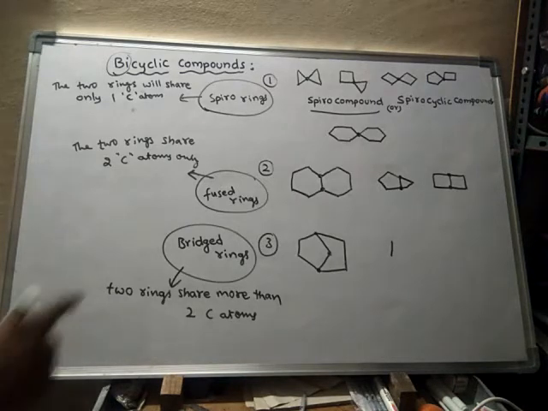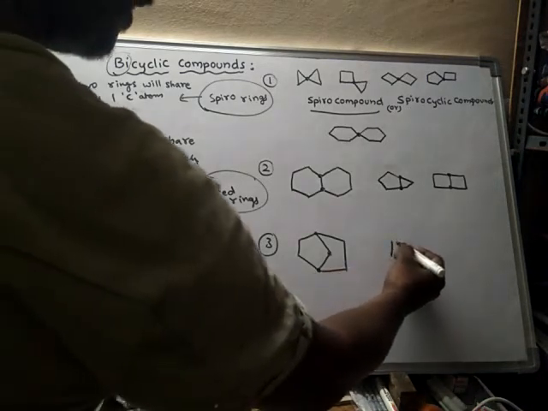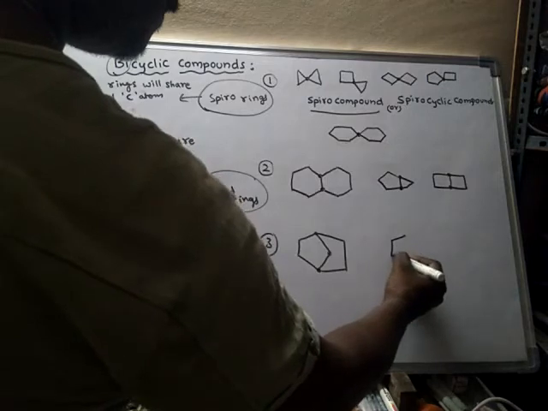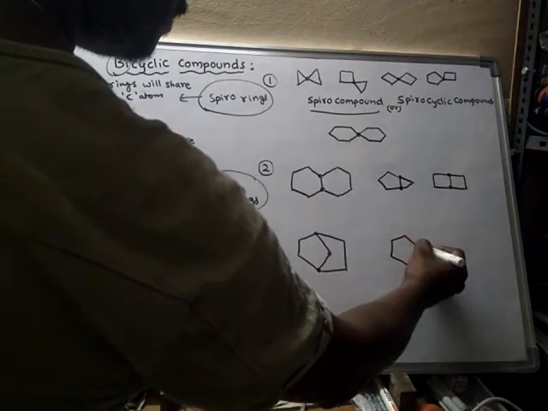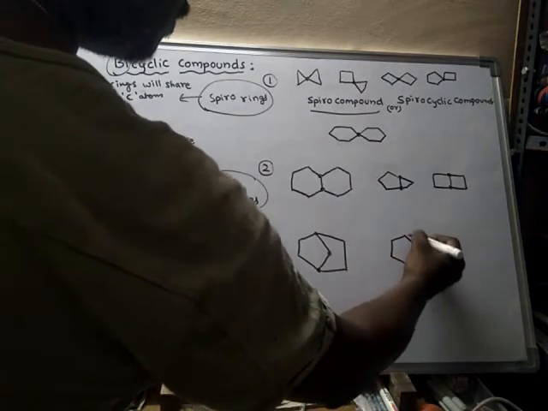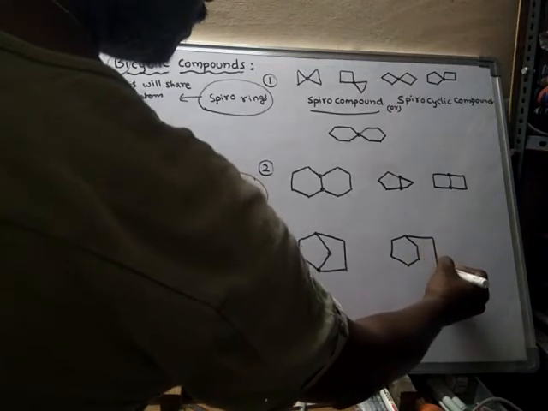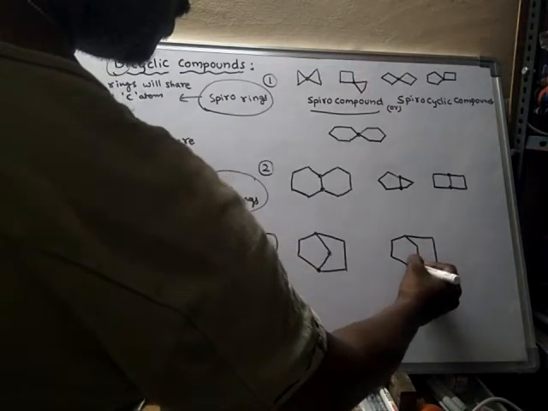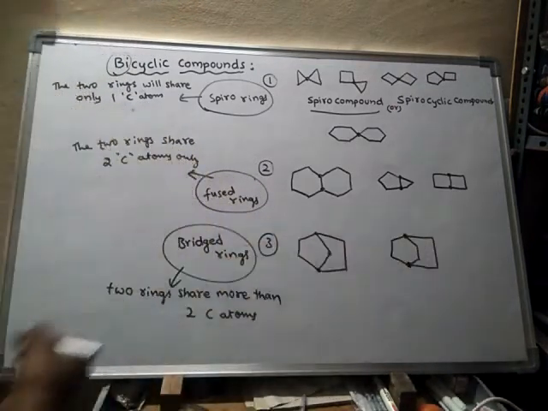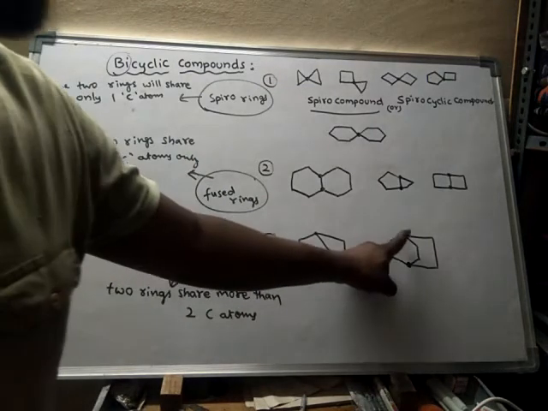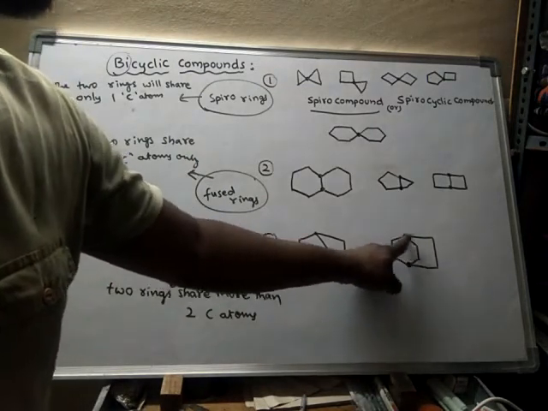So in bridged rings, another example for bridged rings. So this is one ring. This is another ring.